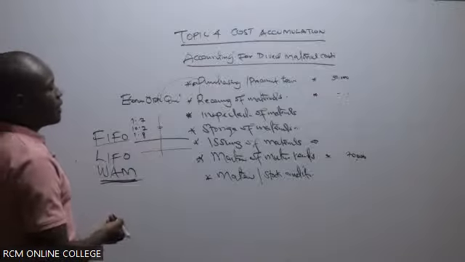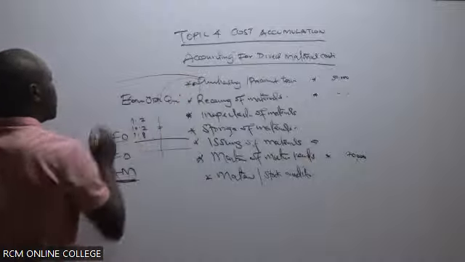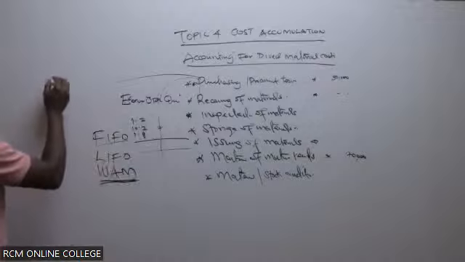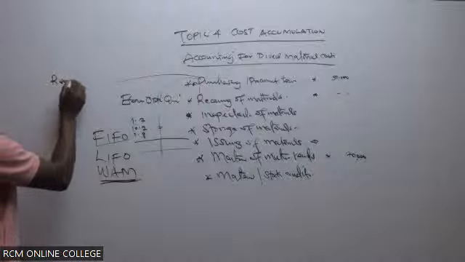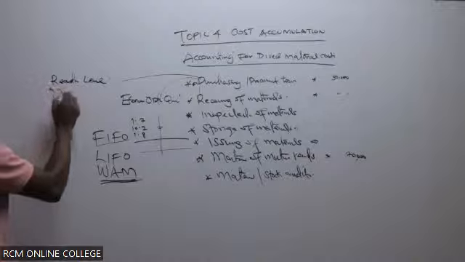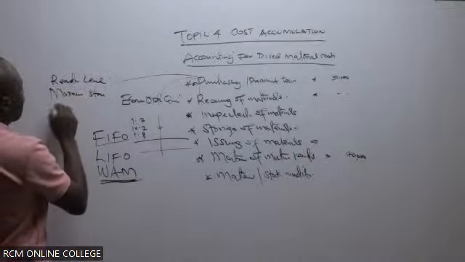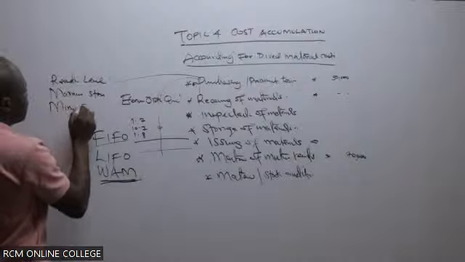Then still within the same place, under this part here, we are going to look at what we call reorder level. We are going to look at maximum stock level, minimum stock level.